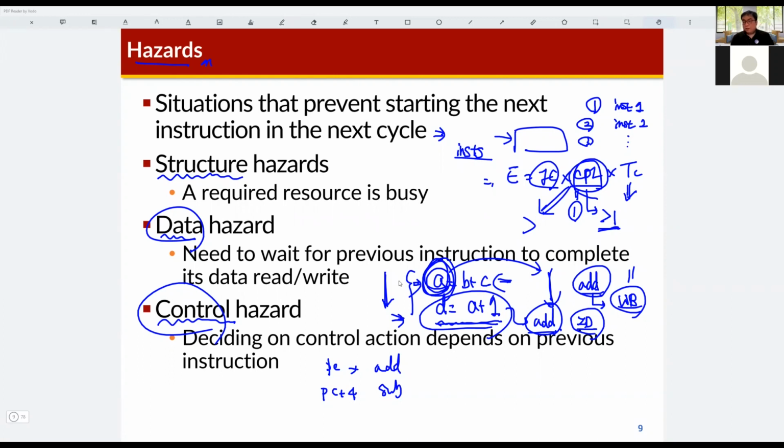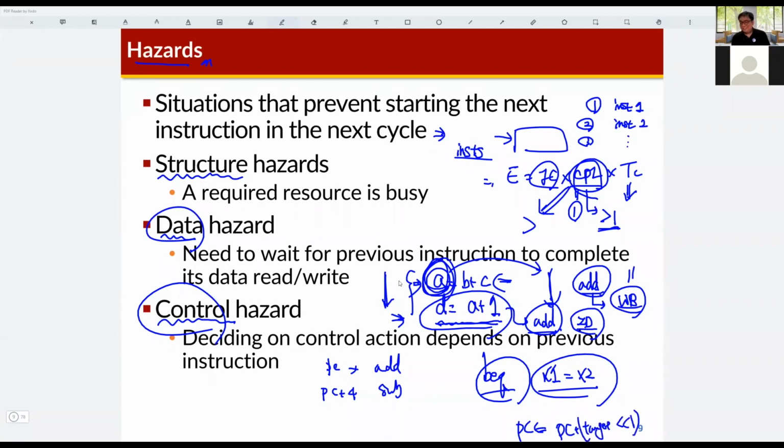In the single cycle processor design, we learned that a branch instruction like BEQ reads values from the register file, these values are compared in the ALU, and if these two values are equal, then the PC is updated by PC plus the target of the branch.